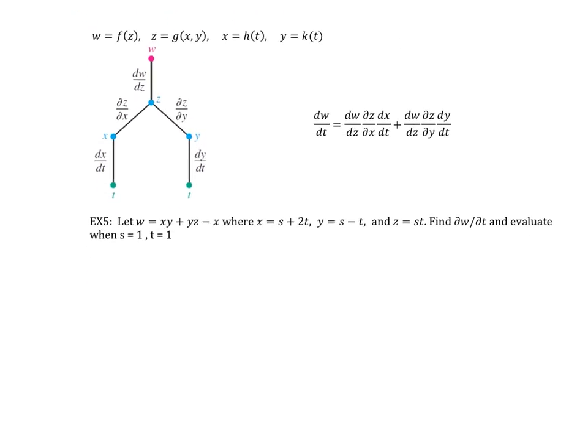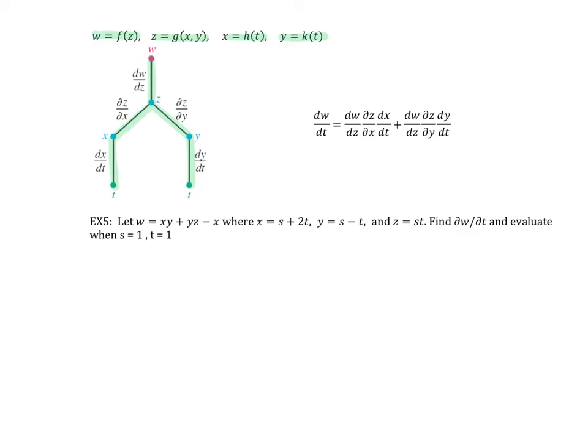Here's a fun case. Let's say that w is a function of only one variable z. So I only need one branch from w to z. However, z is a function of two variables, x and y. So we break z off into two branches. And then x is a function of one variable t, y is a function of one variable t.